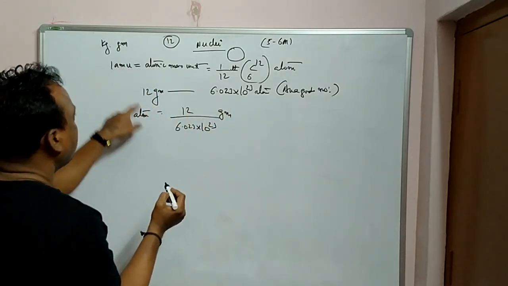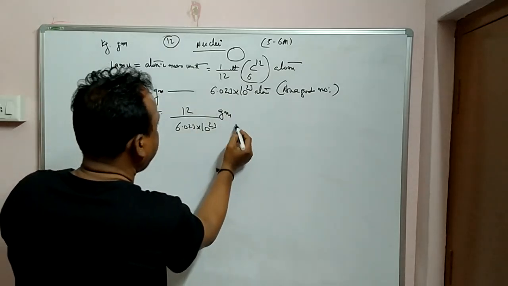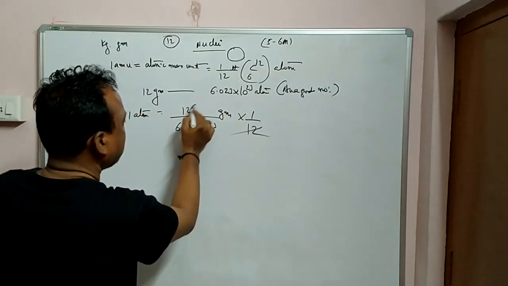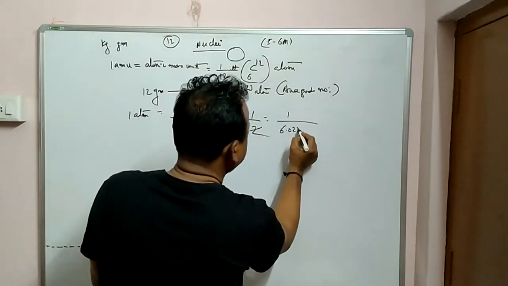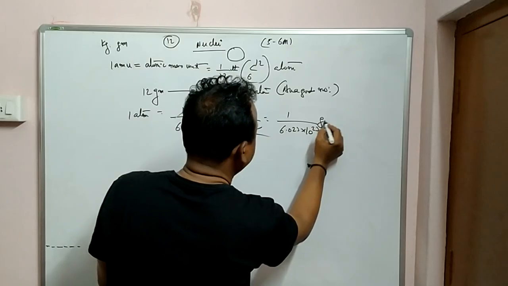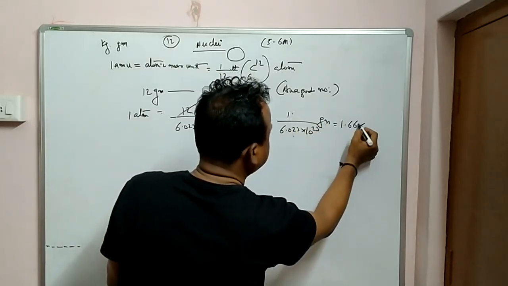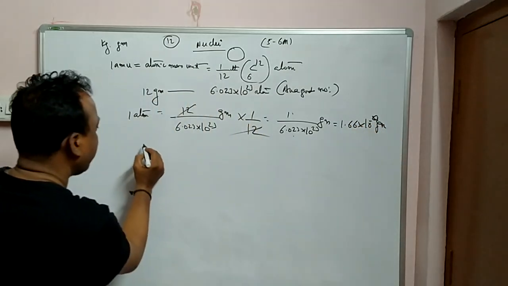But 1 AMU is 1/12 part of a neutral carbon atom, so multiplying by 1/12, we get 1 by 6.023 into 10 power 23 grams. If you solve this, you get around 1.66 into 10 power minus 24 grams.